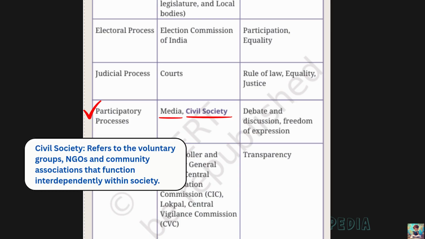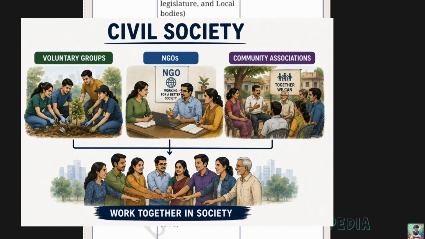Civil society refers to the voluntary groups, NGOs, and community associations that function independently within society. So, civil society means groups of people who come together voluntarily to work for different causes or issues in society. These can include NGOs, community groups, and other voluntary organizations. For example, a group of people may come together to work for education, the environment, helping people in need, or solving a local problem.